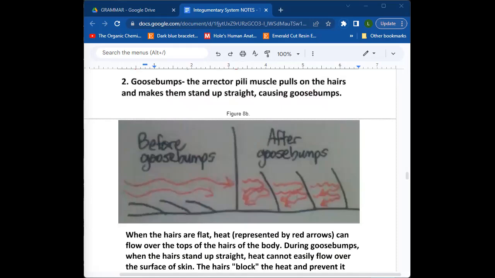Then the second response by the body is going to be goosebumps. The erector pili muscle is going to be able to pull on the hair and make the hair stand up straight. And when the hair stands up straight, that causes goosebumps.